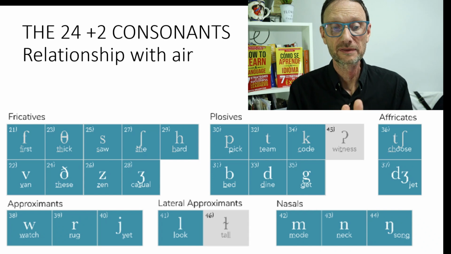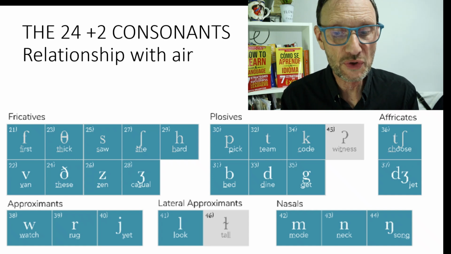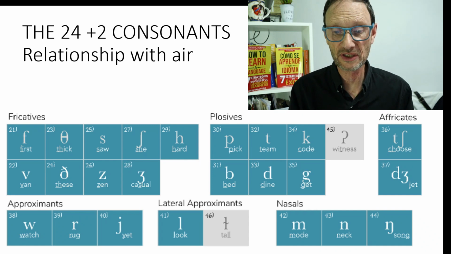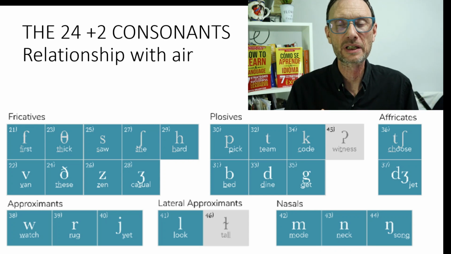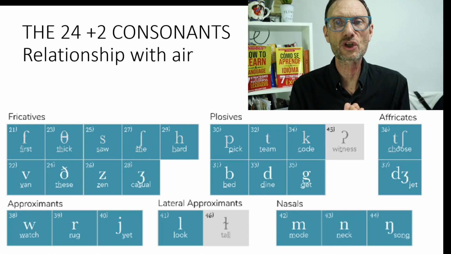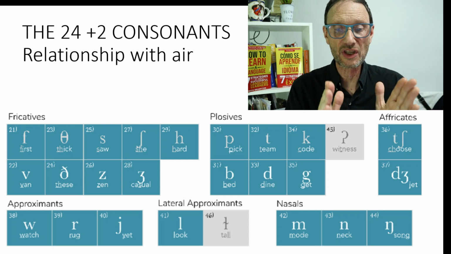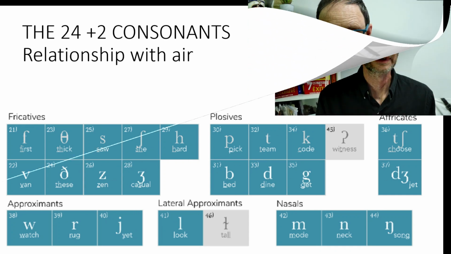We have, as you see in this diagram, fricatives, plosives, affricates, approximants, lateral approximants and nasals. Strange names. It's not necessary to learn all of the technical information for these, but it's an interesting way to group them. So let's see what this means exactly.